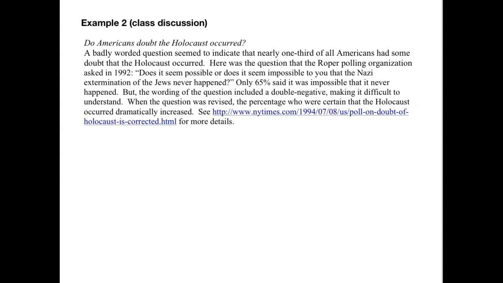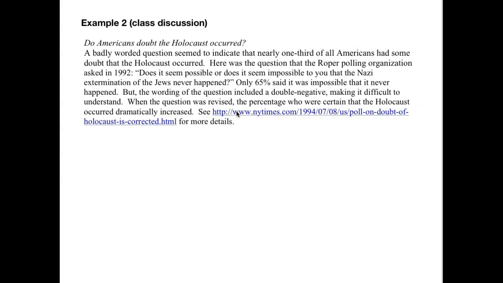The question was revised, and then the percentage who were certain that the Holocaust occurred dramatically increased, although I think it's a dead link at this point. But when it was live, it increased to like 95% or something like that, which was still kind of disturbing to me, that 5% of the population doesn't think that the Holocaust occurred.